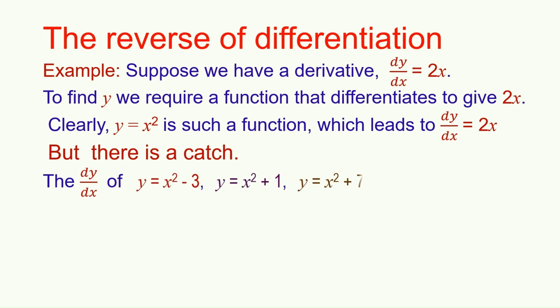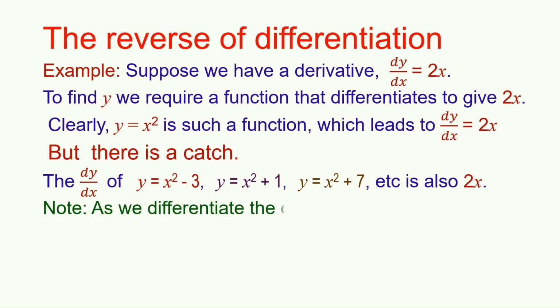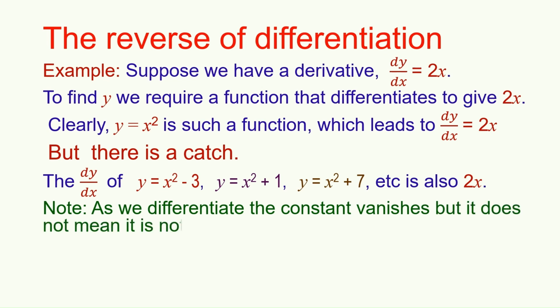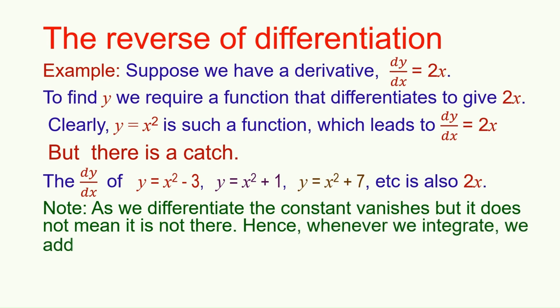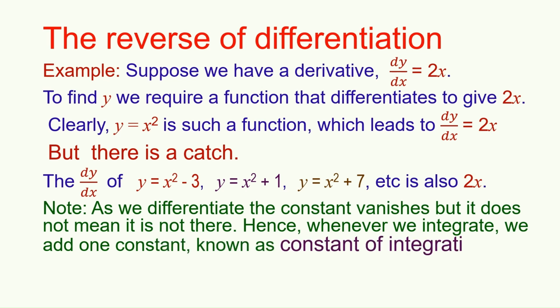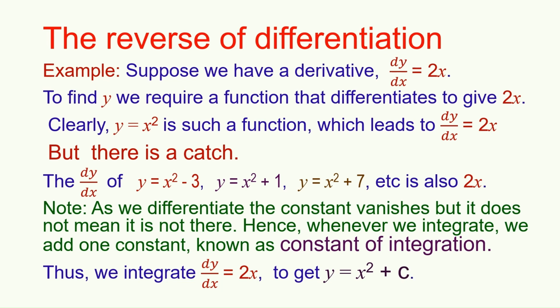The dy/dx of y equals x squared minus 3, y equals x squared plus 1, y equals x squared plus 7, etc. is also 2x. As we differentiate, the constant vanishes, but it does not mean it is not there. Hence, whenever we integrate, we add one constant, known as the constant of integration. Thus, we integrate dy/dx equals 2x to get y equals x squared plus c.